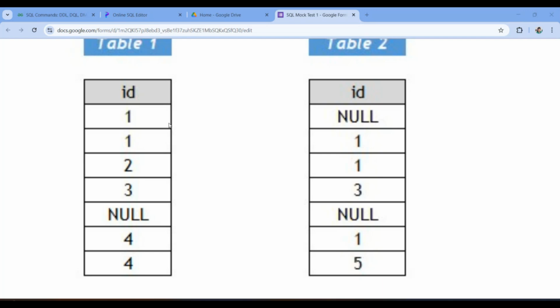Null was not matched. 2 times null, right? And 5 was not matched. 7 plus 3, 10. Now, full outer join, even without looking at this table, you can say, right? 7 plus 4 plus 3 was the answer in your left and right. 7 plus 4 plus 3 is your 14. So 7, 11, 10, 14 is your answer. Okay, without even pen and paper, you can do it.